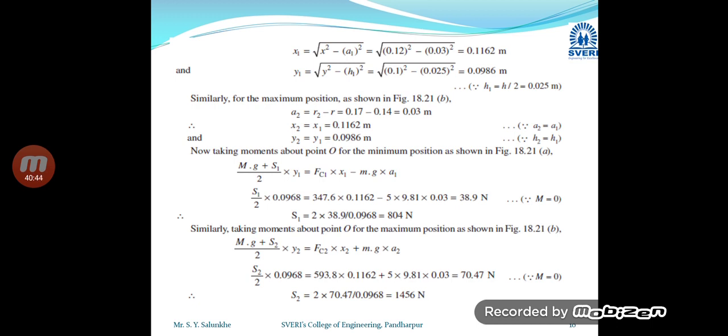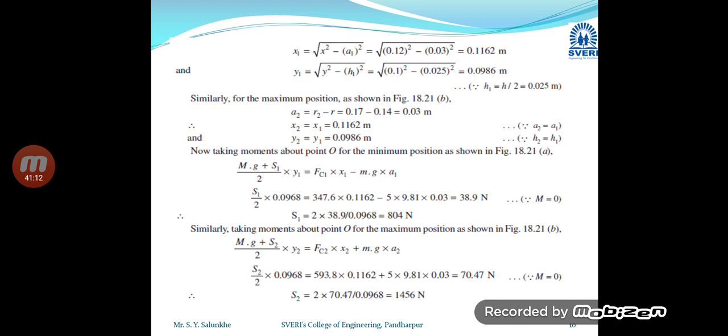In the previous diagram, I have already told you that you can take a picture of the previous slide for repeating the diagrams, and from those diagrams we are going to write the trigonometrical formulas. So here we are going to get under root 0.12 square minus 0.03 square. X1 we will get as 0.1126 meter.